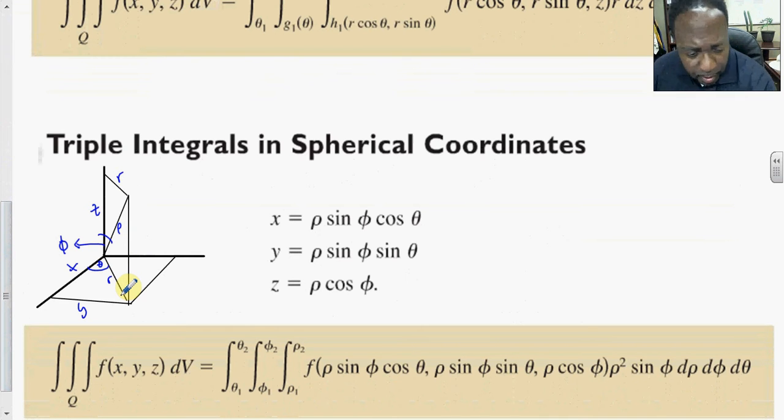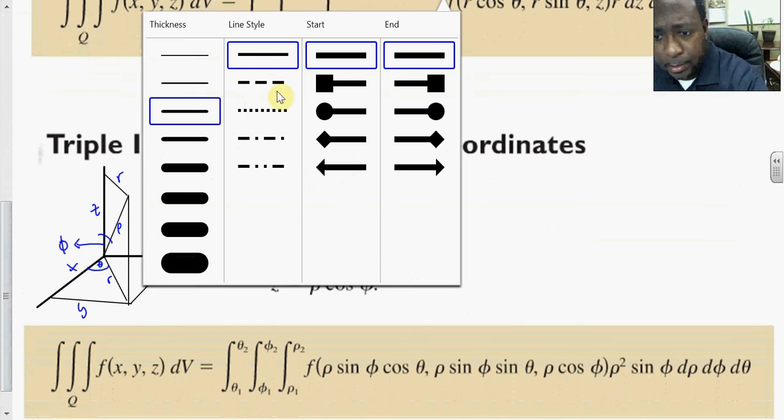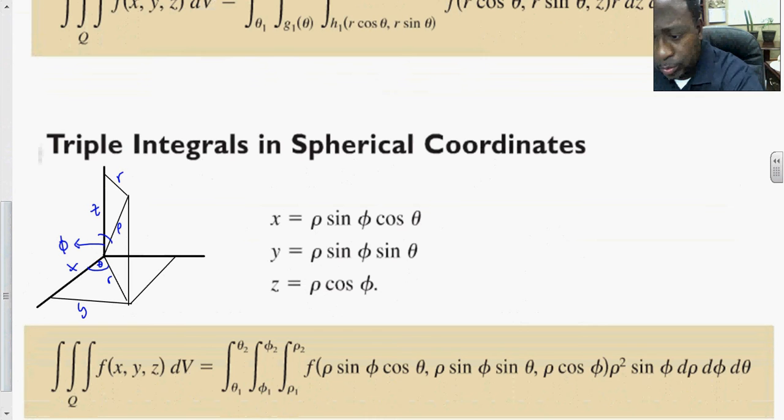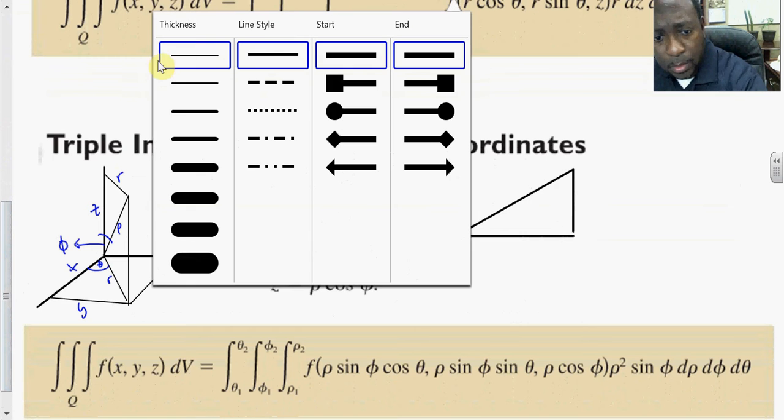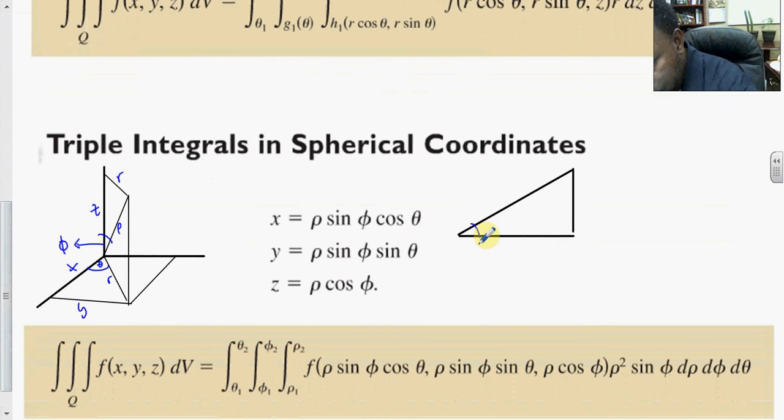Now, if you extract this right triangle with phi in it, let's see if we can pull that out. We have phi.